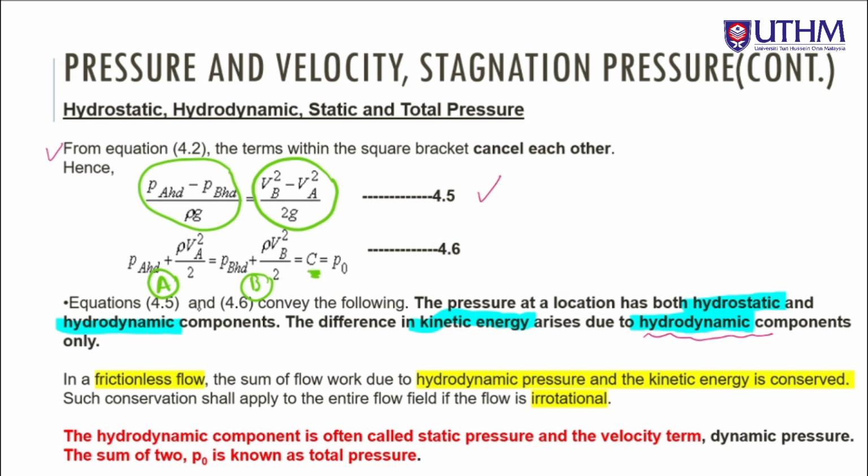Equation 4.5 and 4.6 convey the following, which is the pressure at the location has both hydrostatic and hydrodynamic components. Betul kan? Sebab kita dah kira tadi kan, kita ada PHS dengan PHD, and the difference in kinetic energy arises due to hydrodynamic components only.